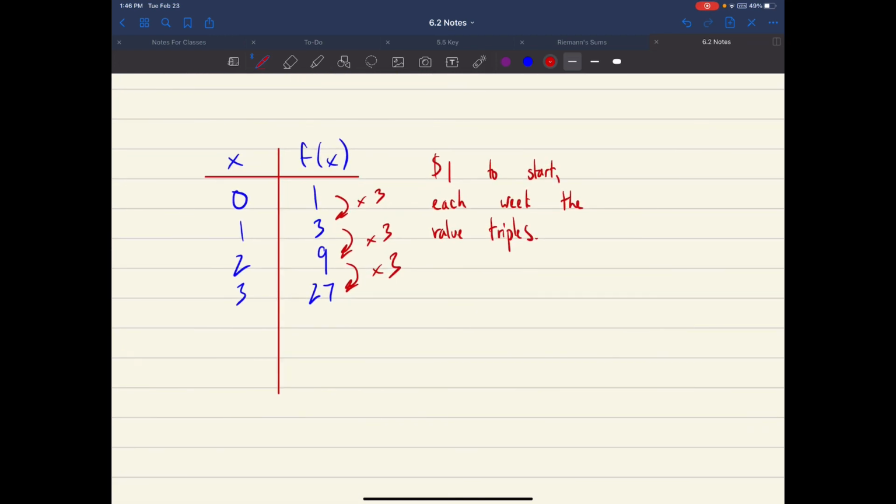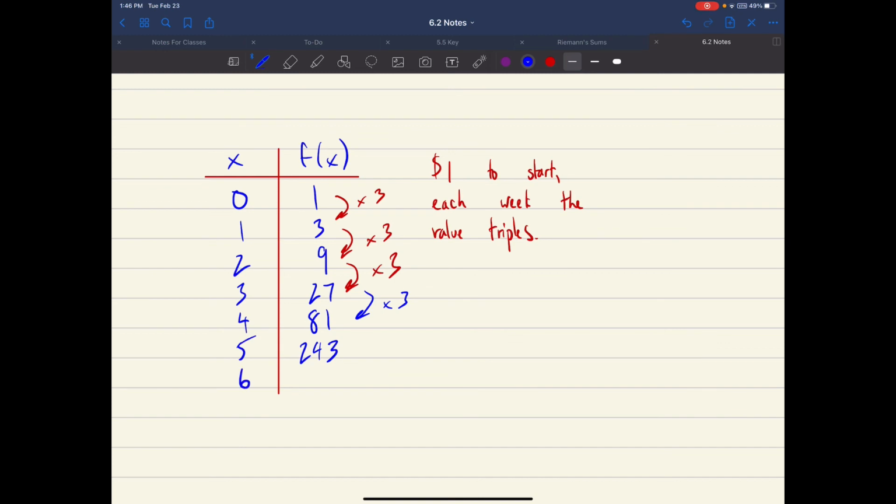And there you go. After another week, this would multiply by 3, so you'd have 27 times 3, which is 81. 81 times 3 is 243.